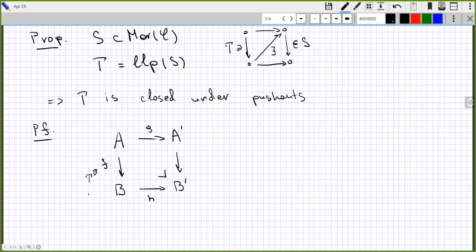We know that the left morphism admits a lifting property.